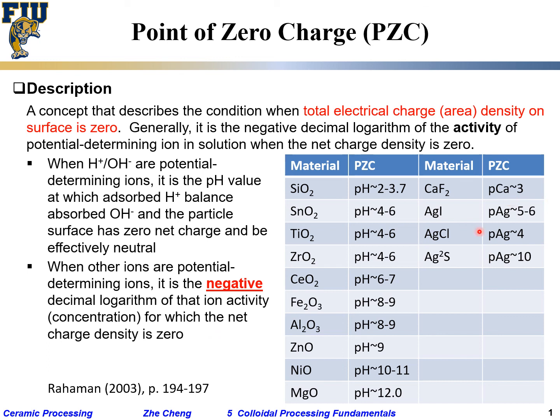So I wrote pCa, which means the charge determining ion is what? Calcium ion. pAg means the ionic species that determines the point of zero charge is not proton or hydroxy group, it's the silver ion. Make sense? pAg. Okay.